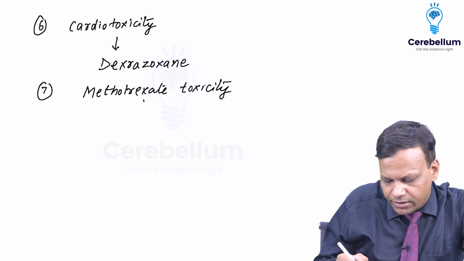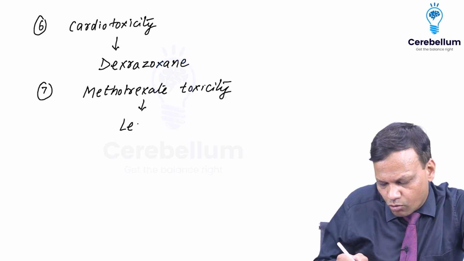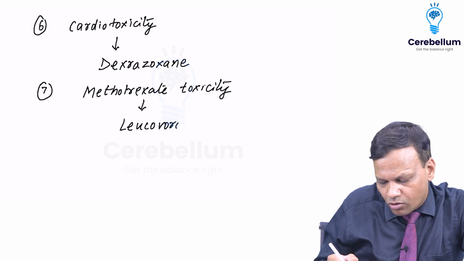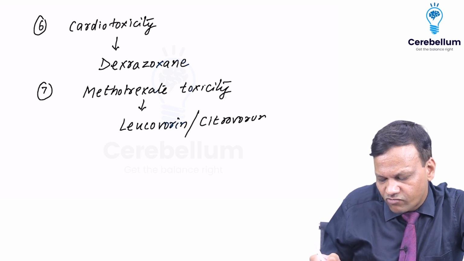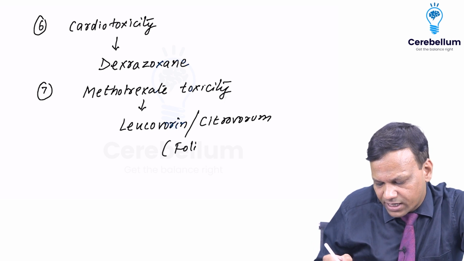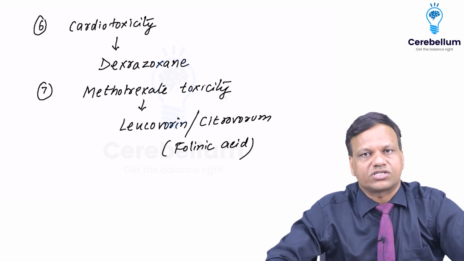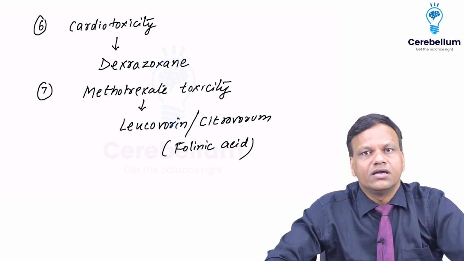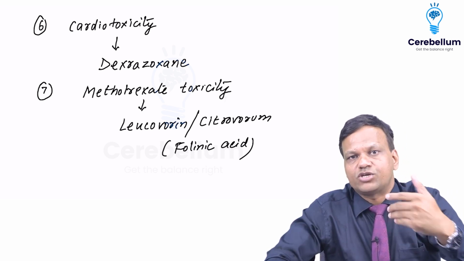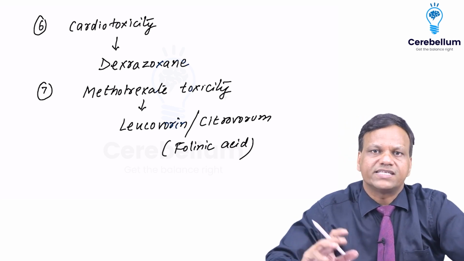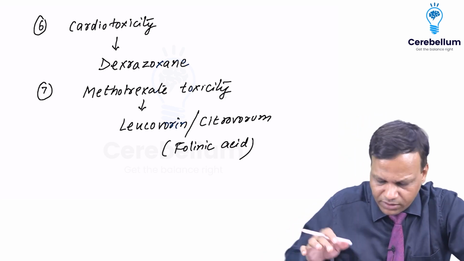Yes, it is leucovorin, also called citrovorum factor, and this is nothing but folinic acid. Tetrahydrofolic acid or folinic acid can be used for methotrexate toxicity. Okay. So these are the important drugs which are used for rescue therapy, or we can say to treat the side effects of chemotherapy. Okay.